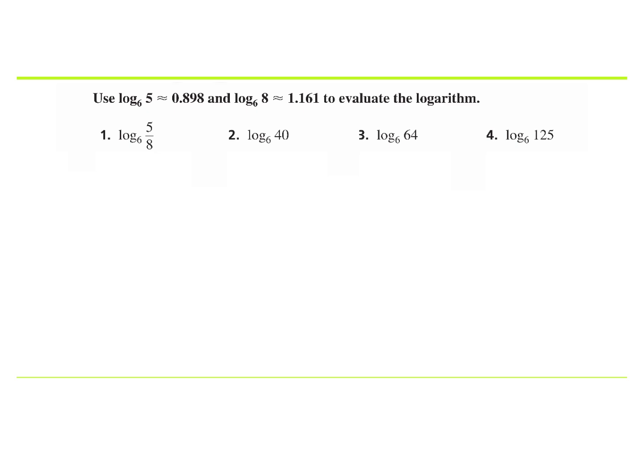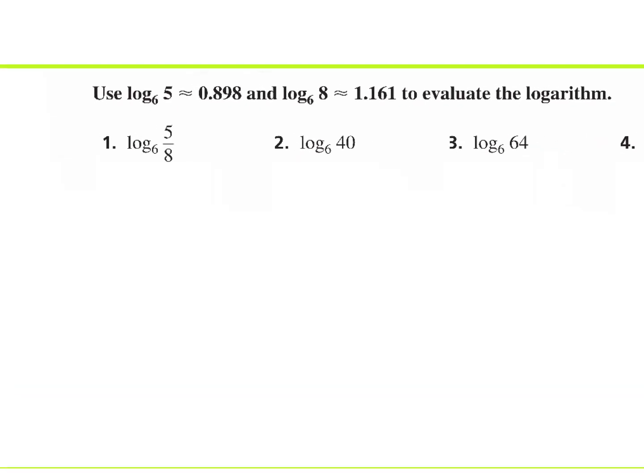All right. For number 1, look at what we have on the inside. I have a log base 6 of 5 divided by 8, and then that division is going to turn into a subtraction between your logs. So this is going to become log base 6 of 5 minus log base 6 of 8. All right, and these are values that we're given in the problem, right? We're given that log base 6 of 5 is about 0.898 minus, and I know that log base 6 of 8 is approximately 1.161.